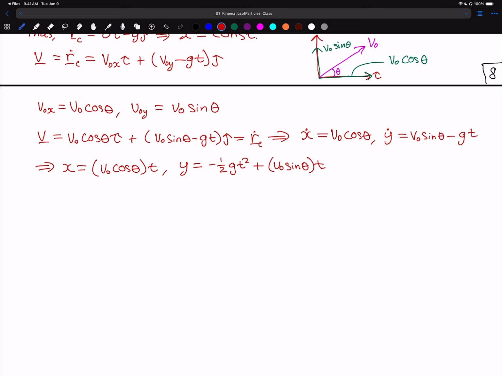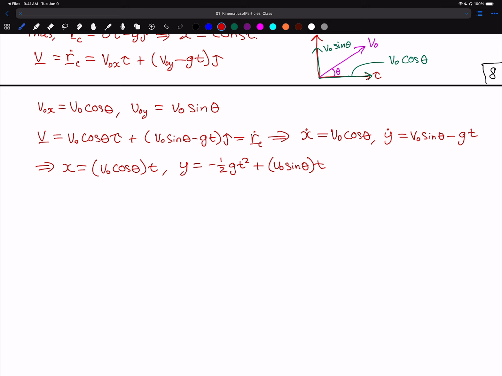And in this case we're going to let the constants be 0, because the initial starting position of x and y are located at 0 for this reference frame.